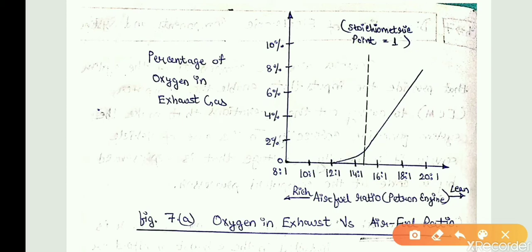So after burning, much more oxygen will also be present in the exhaust gas. So see the graph exponentially increases, and when the air fuel mixture is becoming leaner and leaner, the percentage of oxygen is also increasing in the exhaust manifold, right? So this is basically the oxygen in exhaust versus air fuel ratio graph.